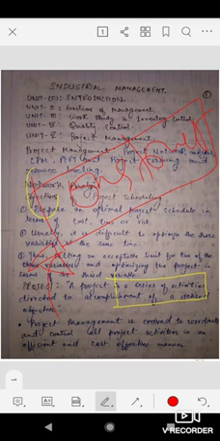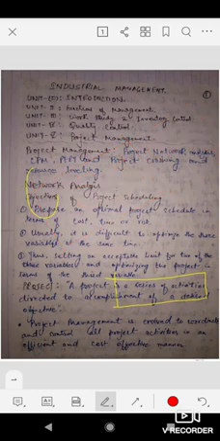A project is a series of activities directed to the accomplishment of a desired objective. The objective can be making a building, constructing a dam, constructing a road, anything. Next, project management is involved to coordinate and control all activities in an efficient and cost-effective manner.